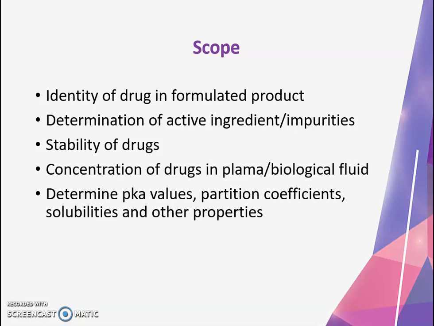Concentration of drugs in plasma and biological fluid can be measured. It is also used to determine the pKa values, that is dissociation constants, then partition coefficients, solubilities and some other properties.